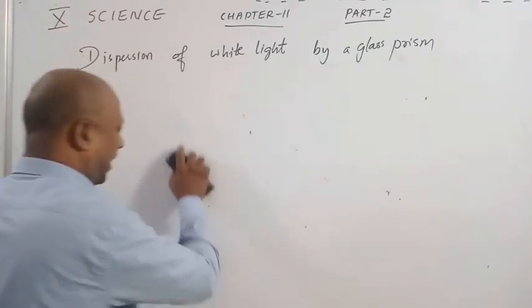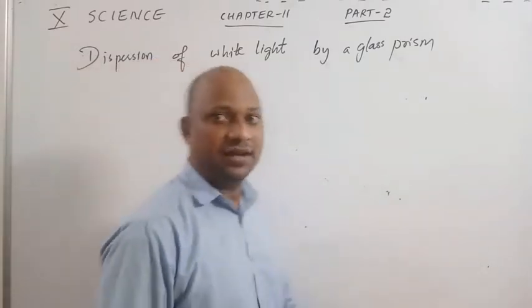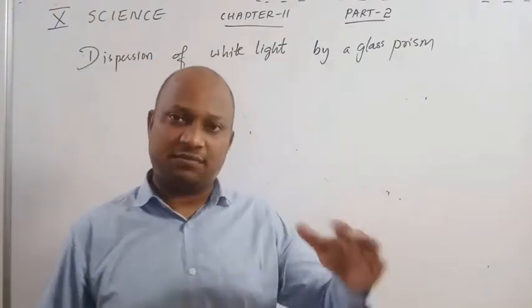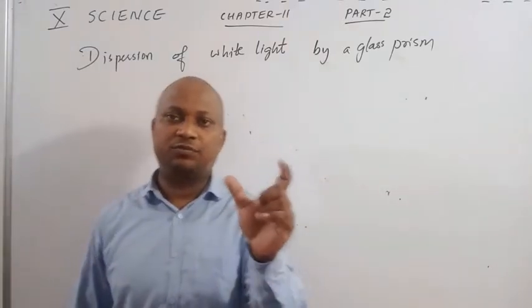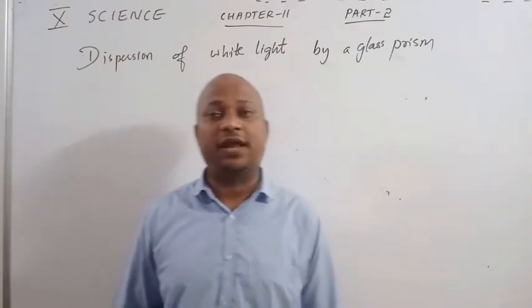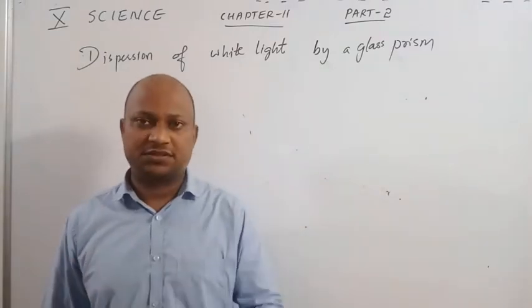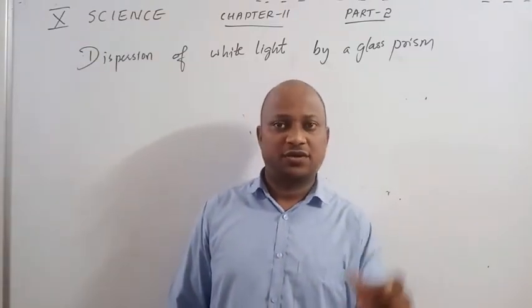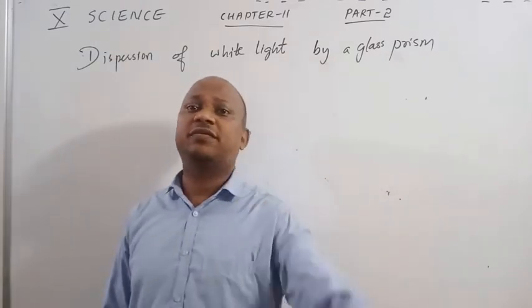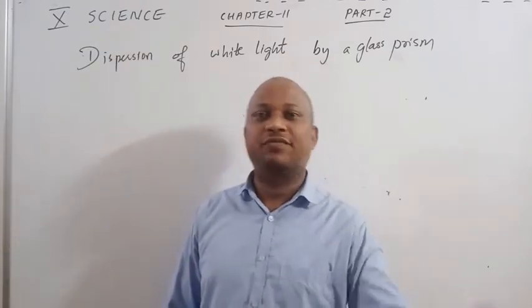So why it disperses, that is a matter of higher classes, but I'd like to give you just a brief, one word idea, why it disperses. The simple reason is refractive index. So refractive index for different wavelength is slightly different.